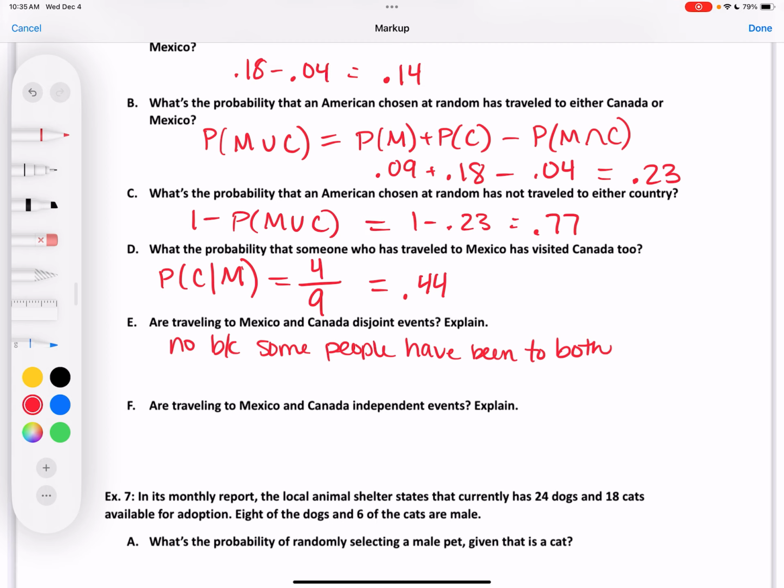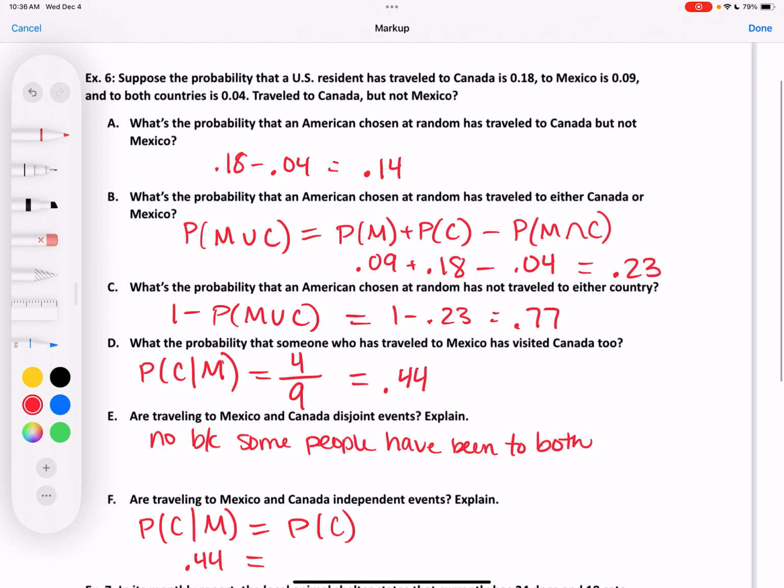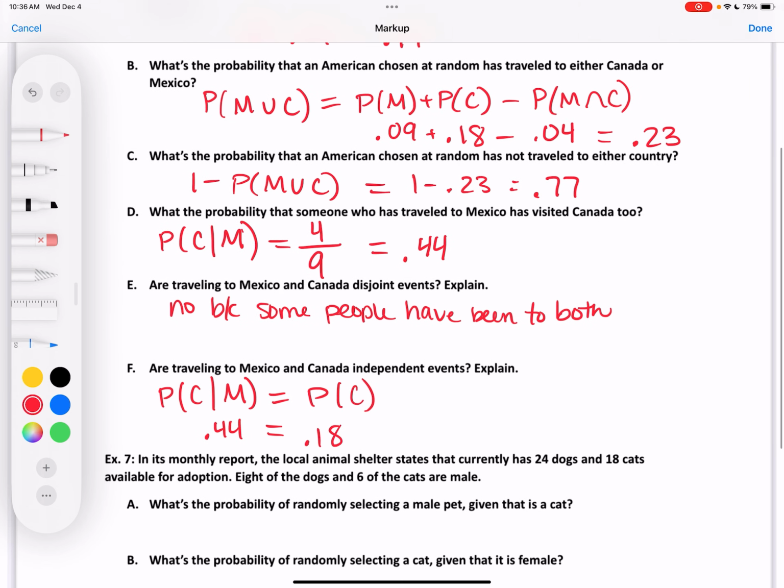The probability of Canada given Mexico should be equal to the probability of the first thing, which would be the probability of Canada. Is it always the first one? Yeah, it's always the first thing. You have to flip them if you want to use the other one. But since I had already found this, I'm just using it. So we said this was 0.44, and the probability of Canada is 0.18. Those are not equal, so not independent.